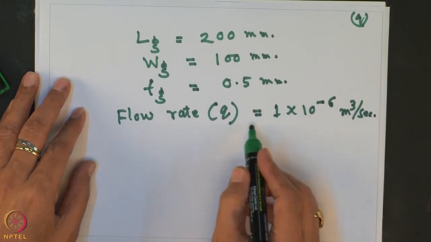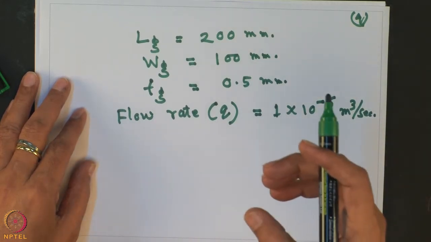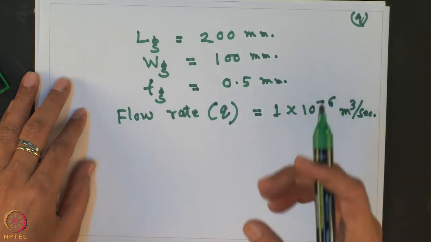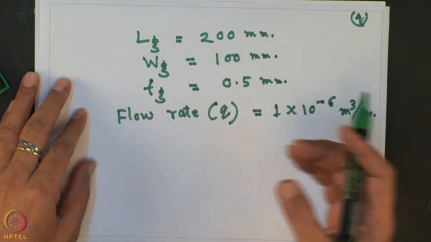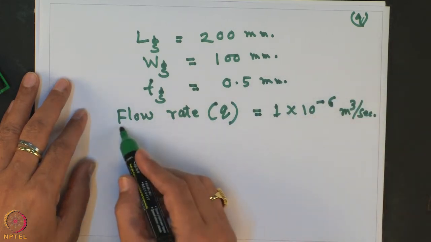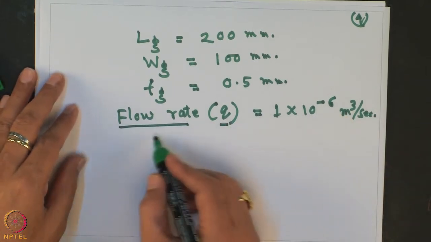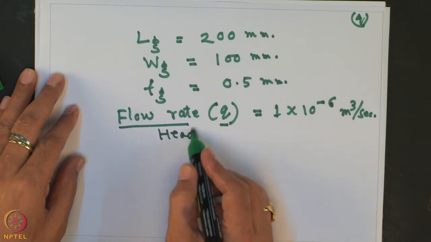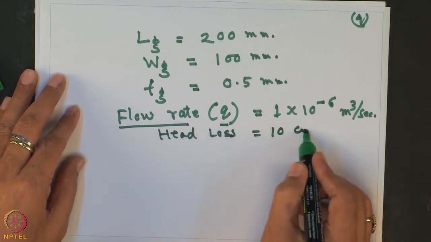So, you are measuring the flow rate when you know the quantity of water collected in a particular time. You know the volume of water collected in the reservoir for a particular time, so you will know the flow rate, that is Q. And let us say that head loss is equal to 10 centimeter.